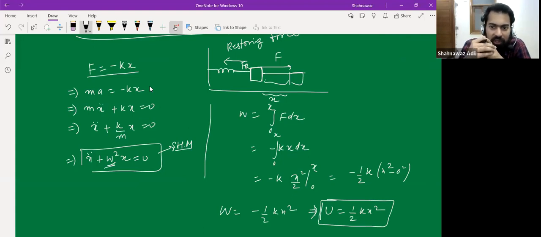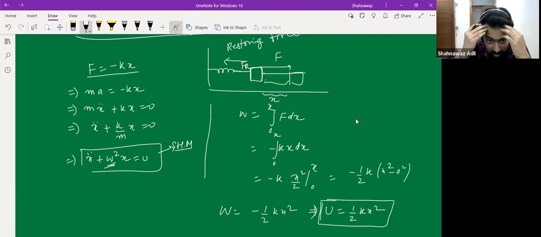Then we learned about three kinds of equilibrium: stable, unstable, and neutral. And we also learned about conservation of mechanical energy in case of conservative and non-conservative forces.